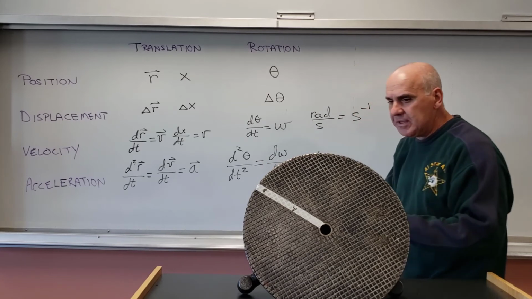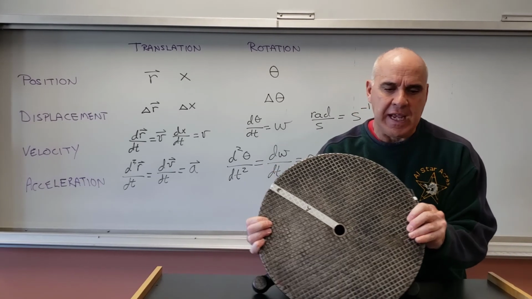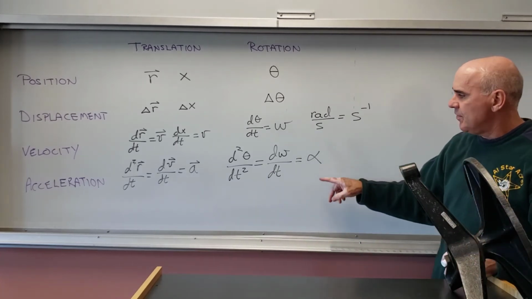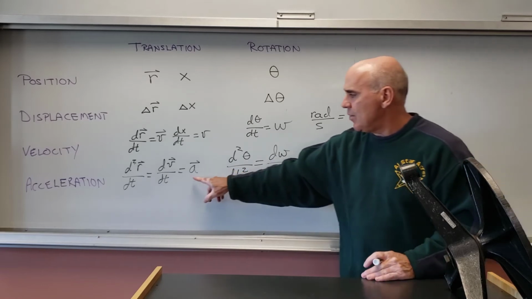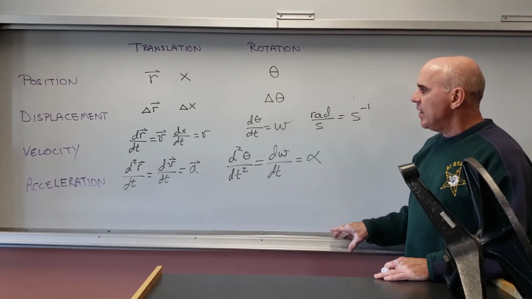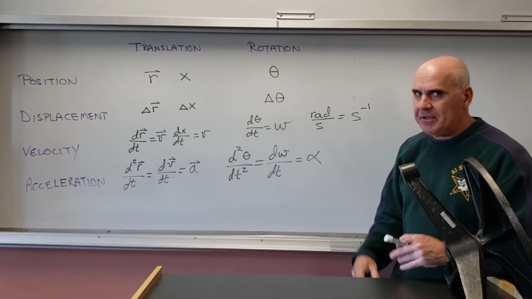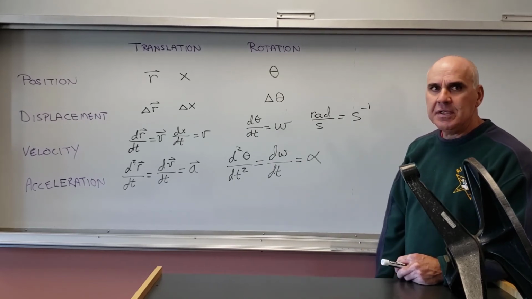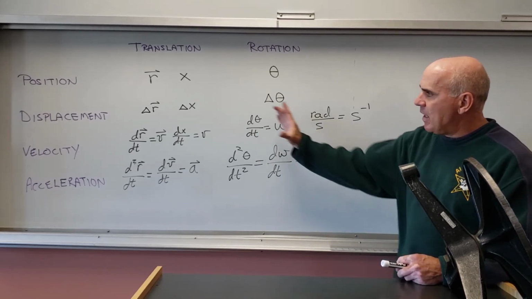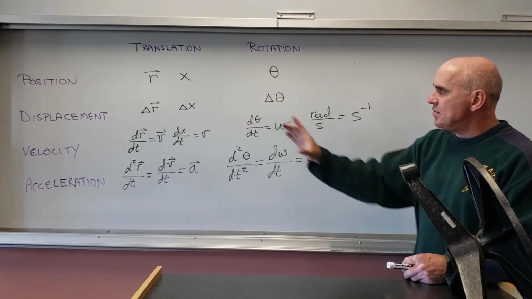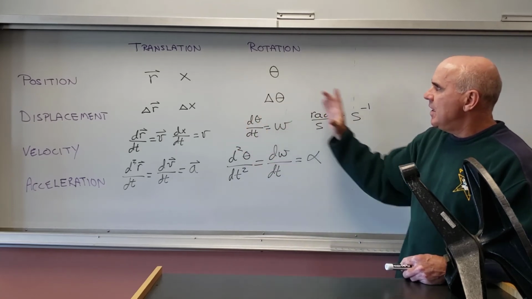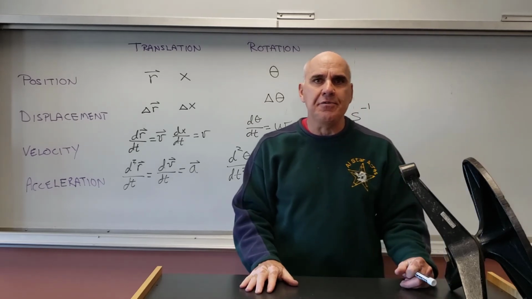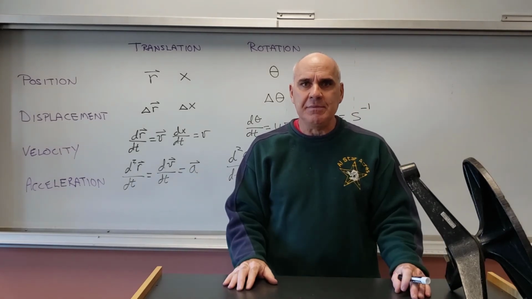So we use the Greek letter alpha for the angular acceleration. Alpha is the Greek corresponding to A. Omega is not the Greek corresponding to V, but that's all right. And so there are my relationships between translational parameters and rotational parameters. Again, all I do is put the word angular in front of it, and it's all the same stuff.